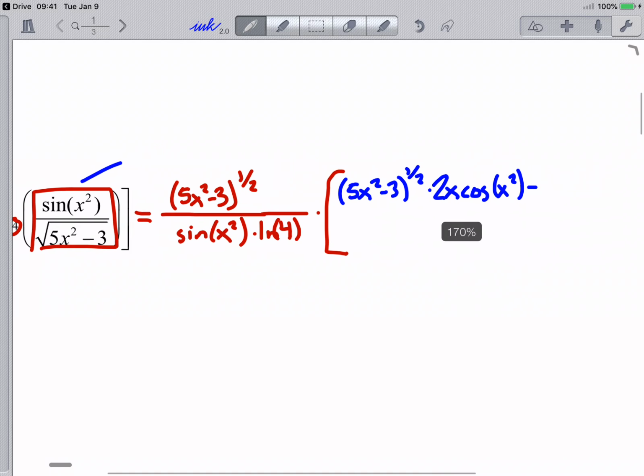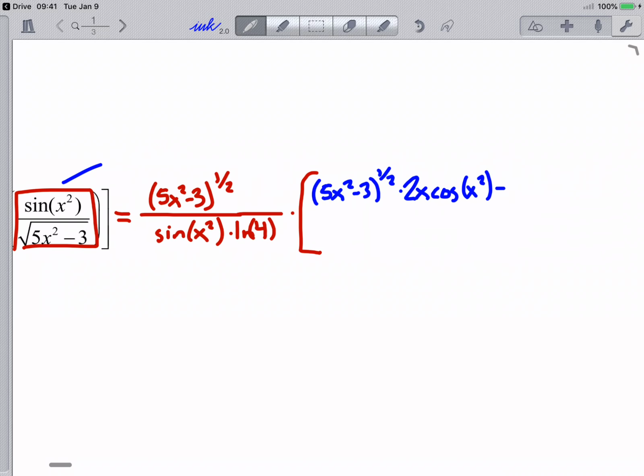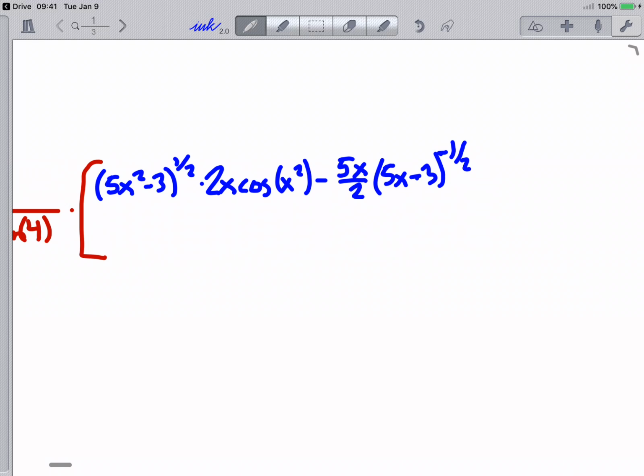Subtract high d low. I'm going to write my d low first. It's going to be 5x over 2, 5x squared minus 3 to the negative 1/2 times my sine of x squared.